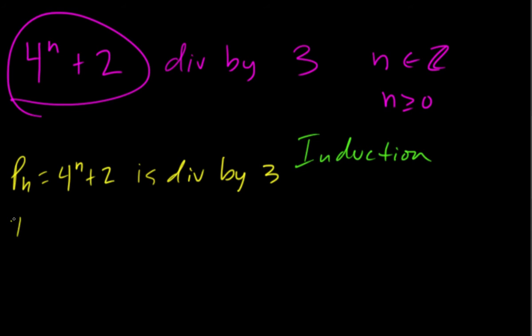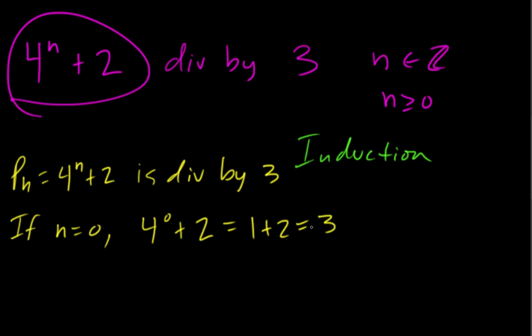Okay, so if n equals 0, this is like the first case, then 4 to the 0 plus 2 equals 1 plus 2, which equals 3, which we know is divisible by 3, so P naught is true. So you have to prove the first case, which is P naught.